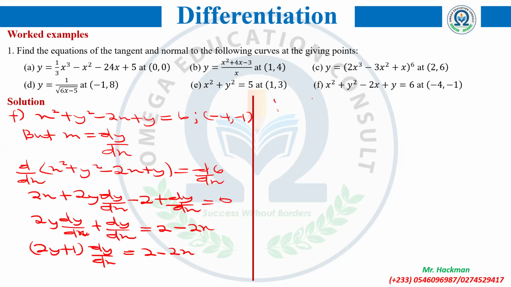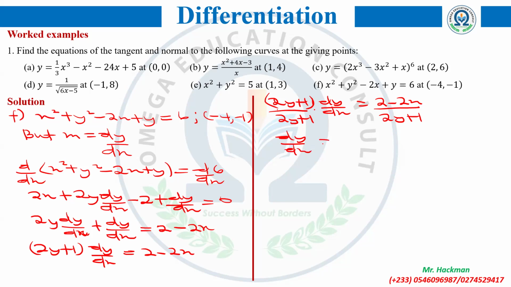So 2y plus 1 dy dx is equal to 2 minus 2x. Then I divide this one by 2y plus 1, and divide this one also by 2y plus 1. So in effect, I'm going to get dy dx to be equal to 2 minus 2x over 2y plus 1.